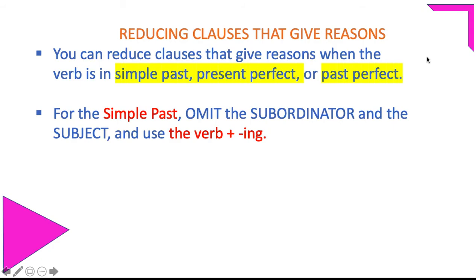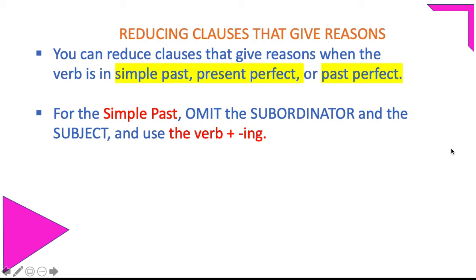Let's see more examples. We're reducing clauses that give reasons, okay? So right now we focus on reducing clauses that give reasons. And we can reduce clauses that give reasons when the verb is in simple past, present perfect, or past perfect, okay? We're talking about giving reasons.